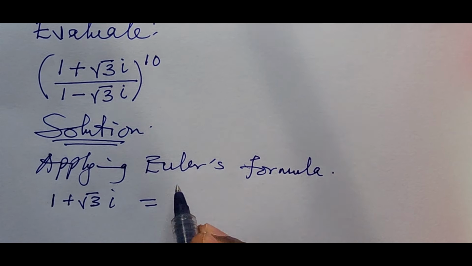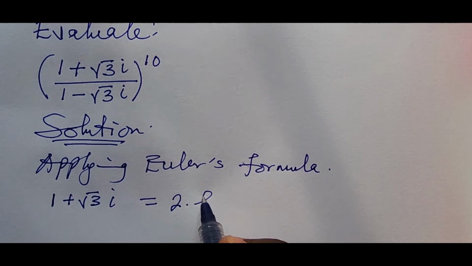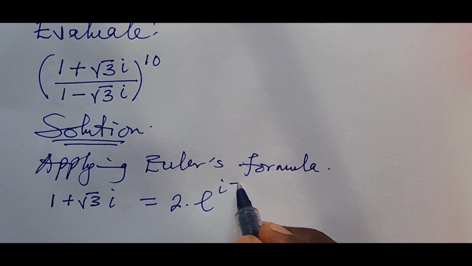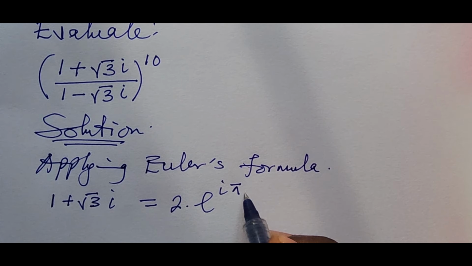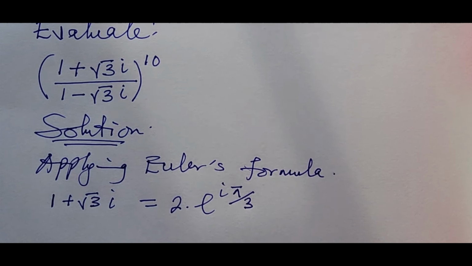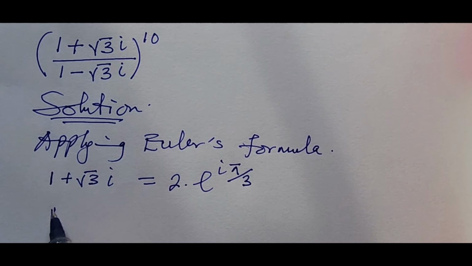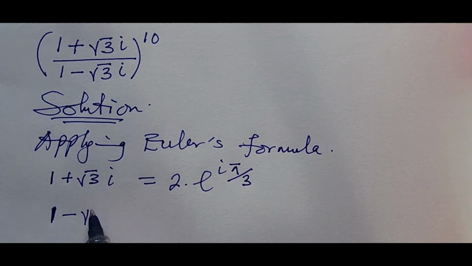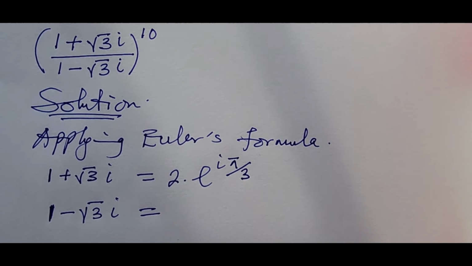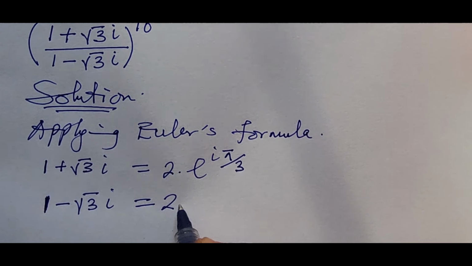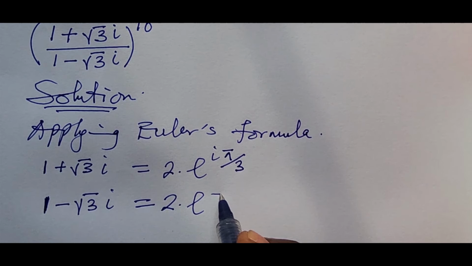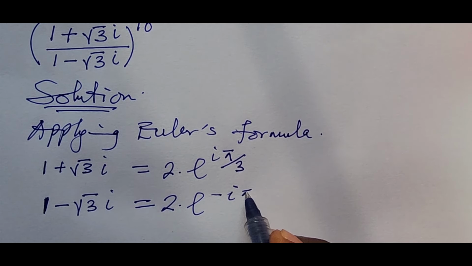This is going to give us 2 times e raised to the power of iota pi all over 3. And the denominator, which is 1 minus the square root of 3 iota, if we equally apply that, then we're going to have 2 times e all raised to minus iota pi all over 3.